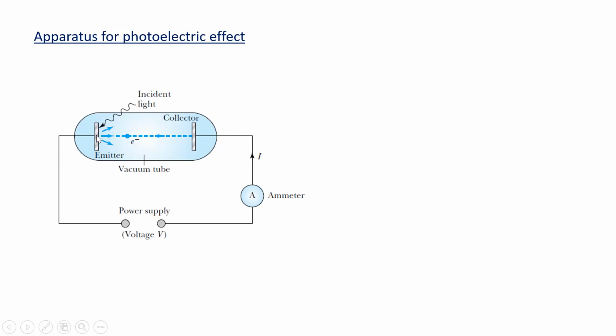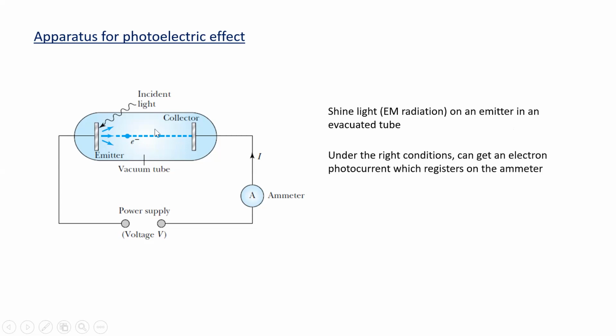If conditions are right, that can free electrons from the emitter. So we shine light on an emitter in an evacuated tube, and under the right conditions, we can get an electron photocurrent, so electrons traveling across this vacuum tube, which will then continue through the circuit and register on this ammeter.